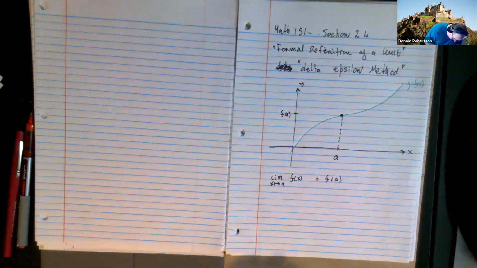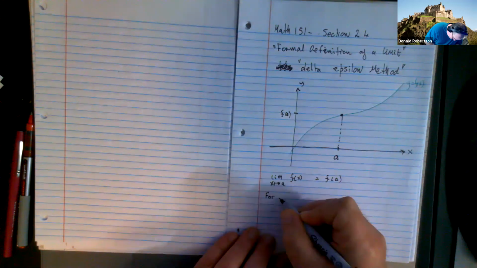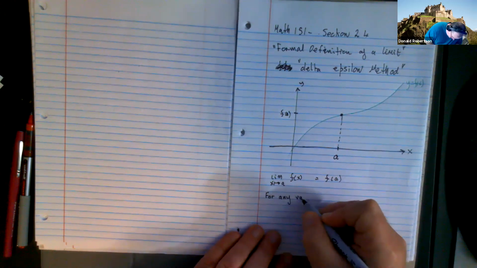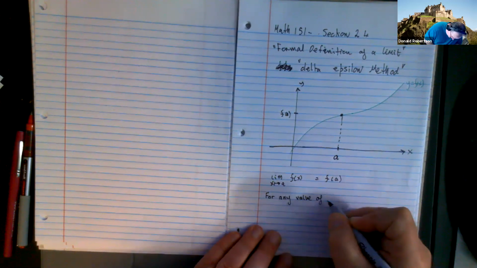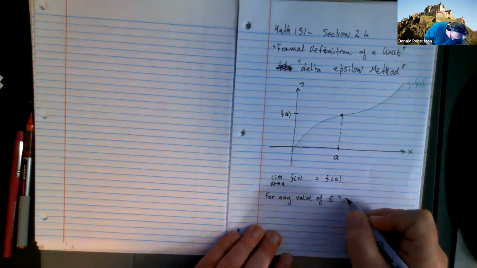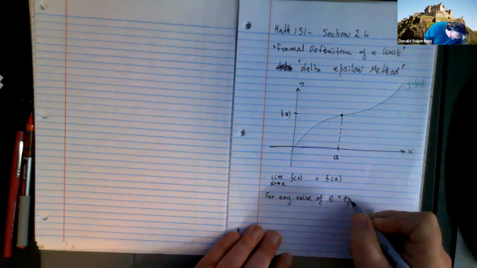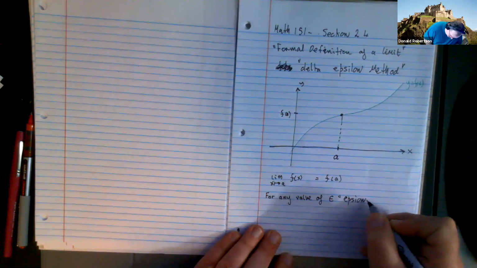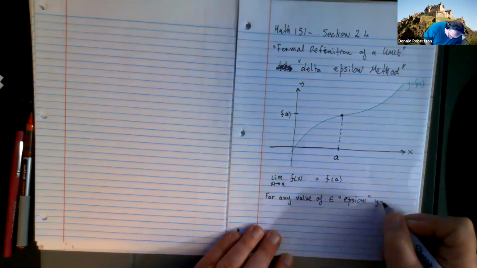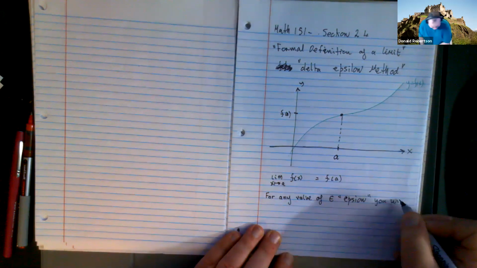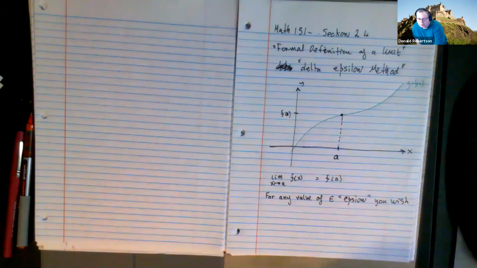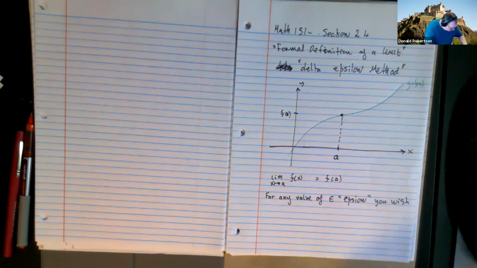Well, this is the definition. I'm writing it down in English, and then I'll show you what it looks like a little bit more algebraically in a second. For any value of epsilon that you wish.